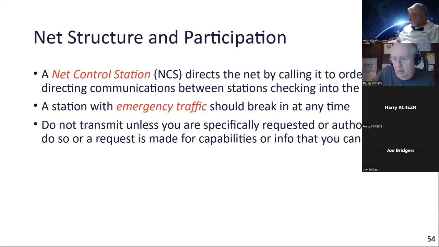If you say emergency traffic, immediately the net control should release the net to you for the emergency traffic. Do not transmit unless you are specifically requested to and authorized to do so, and with a request made for the capabilities of information that you can provide, such as Skywarn weather conditions, severe whiteout, or something like that.